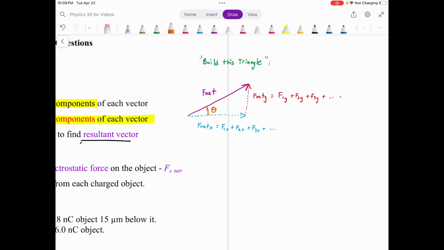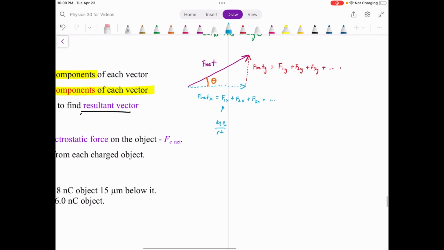The one new thing here for Physics 30 from how you've done this every other time in your life is that these will be calculated with kQq over r squared first, right? Or rather, F1 itself will be calculated with kQq over r squared, and then you'll find its x component with SOHCAHTOA, right? So maybe F1 is something like kQq over r squared.